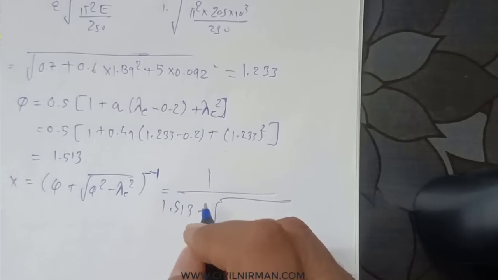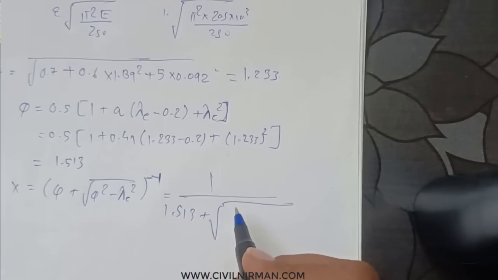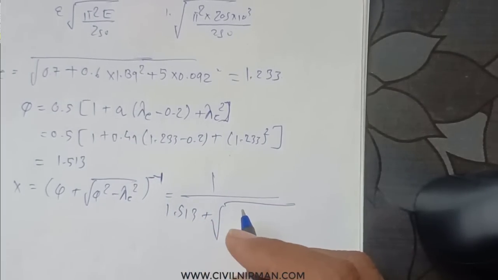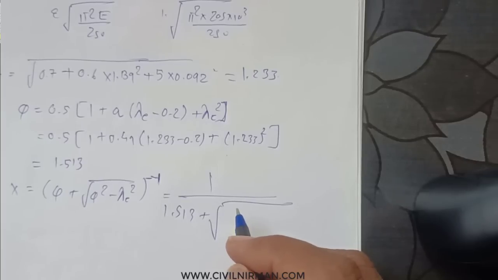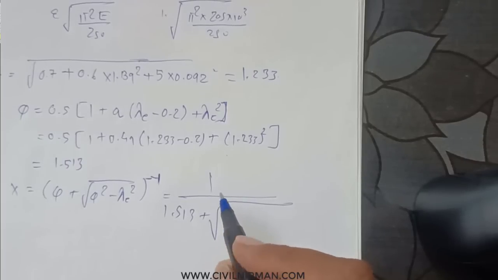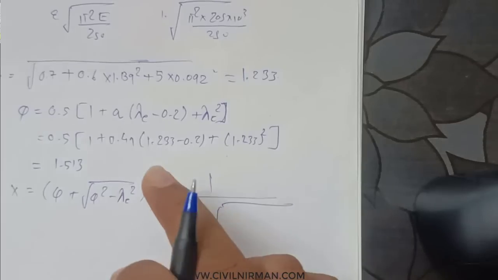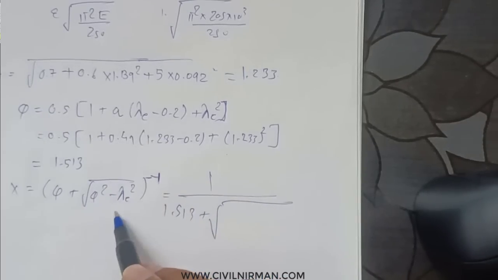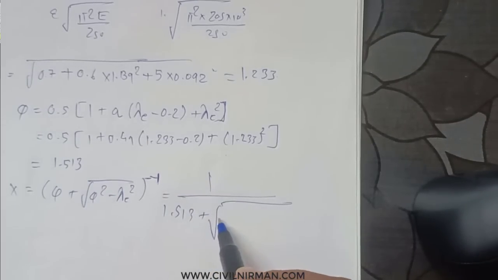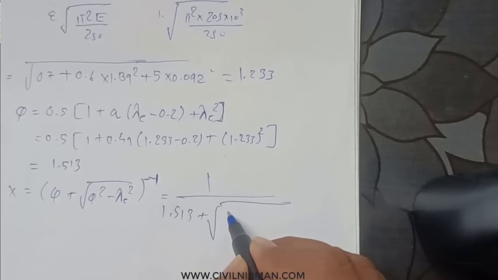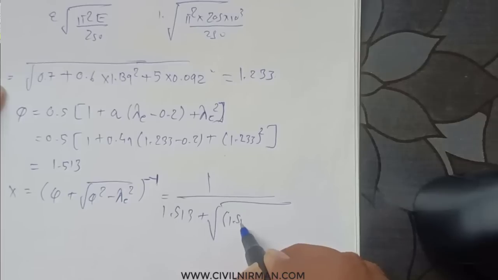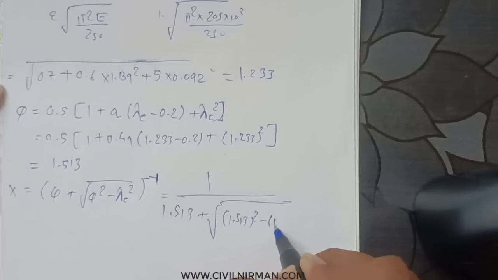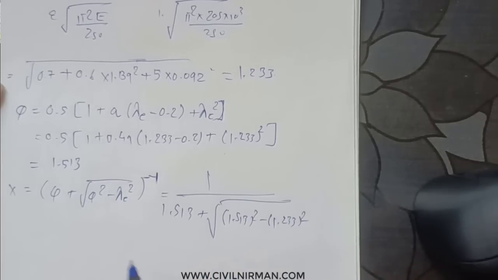Okay, in between my video got interrupted. Sorry for this. And yes, let's just start again. So I am writing this in the −1 format, so don't get confused with that. It's actually 1 divided by 1.513 plus the root of 1.513 whole square minus 1.233 square.